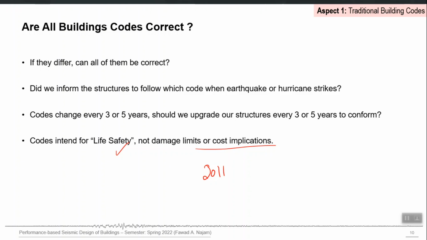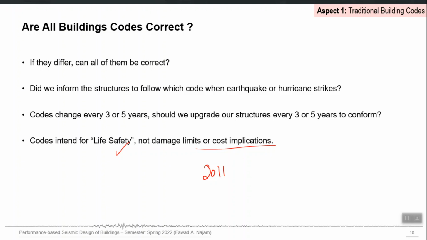So, I would pay more at the structural design level in order to ensure that there is no downtime after an earthquake, right? If, for example, there is non-structural damage, it may still cost a huge economic loss.